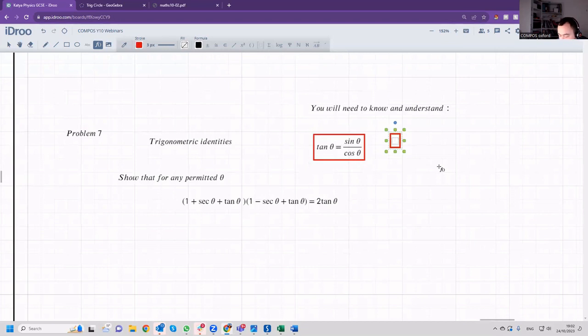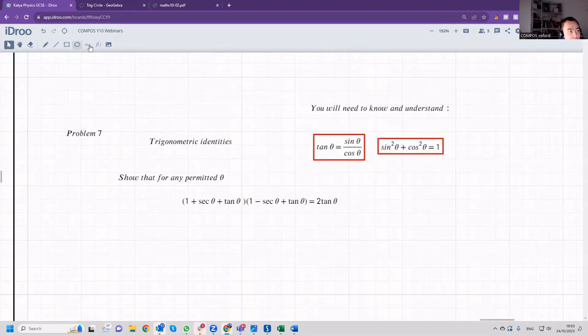Okay. You will need to know that sine squared theta plus cos squared theta is 1. Very important.